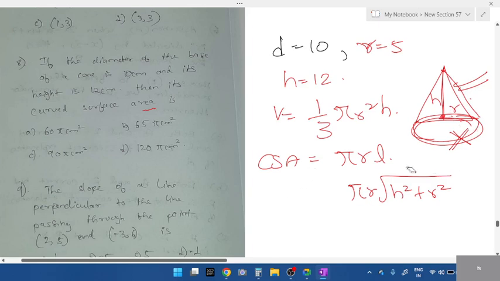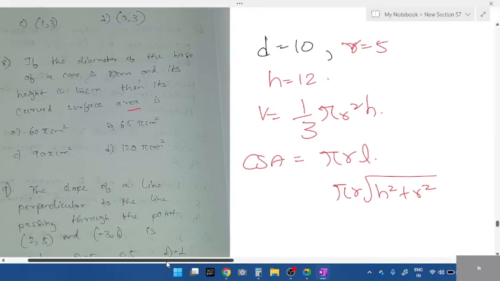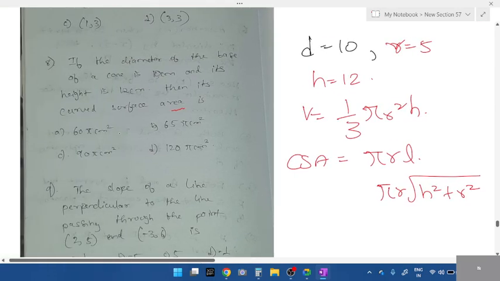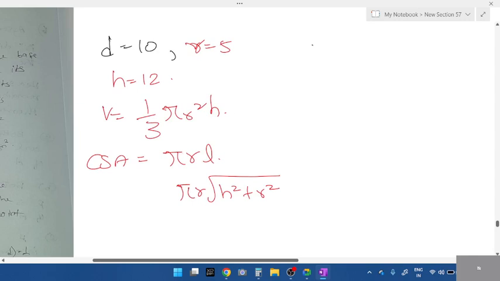Yes, correct, Joshita. Your answer is right. L is the slanting height, and you apply the Pythagoras theorem for that. Pi r, square root of h square plus r square is the formula. Okay, look here. Here, the pi value is already given, students. In the question, pi is given, so you don't have to substitute the pi value. You just keep it as it is. Pi, radius is equal to 5.